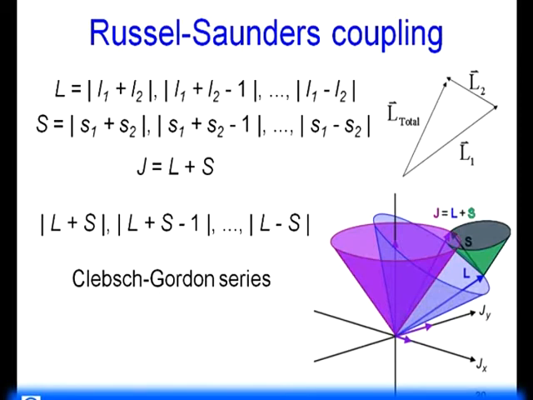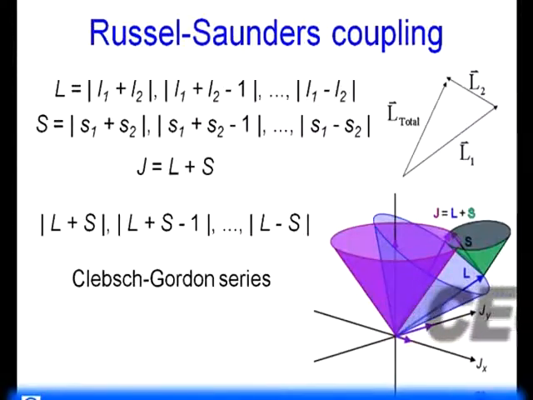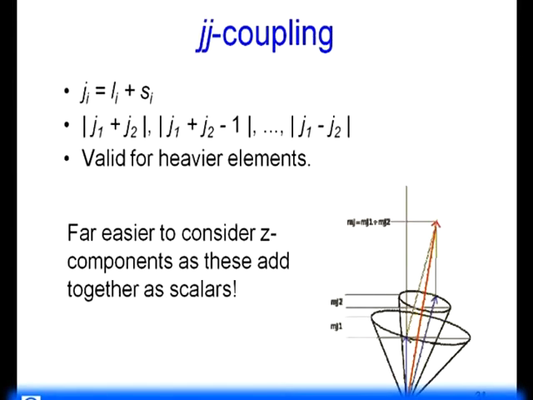Same with S, and once you've got the capital L and the capital S, you can combine them: J is equal to L plus S, again vector addition that I have shown at the bottom of the figure. Again same thing we do, L plus S, L plus S minus 1, up till L minus S. It seems complicated, but I'll take up a few examples and you'll be able to understand it.